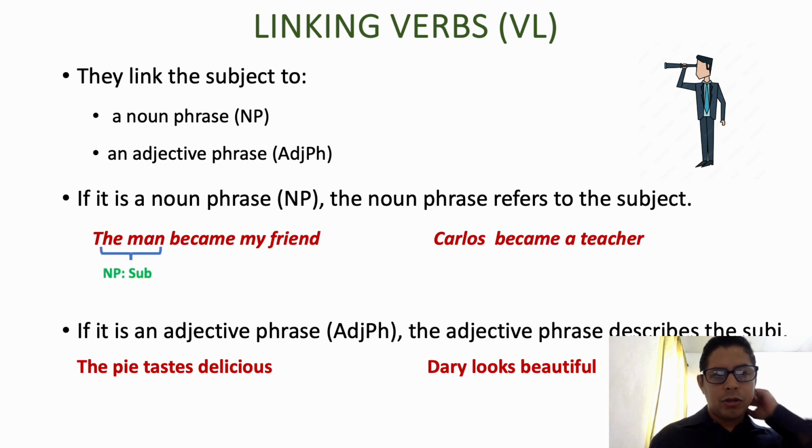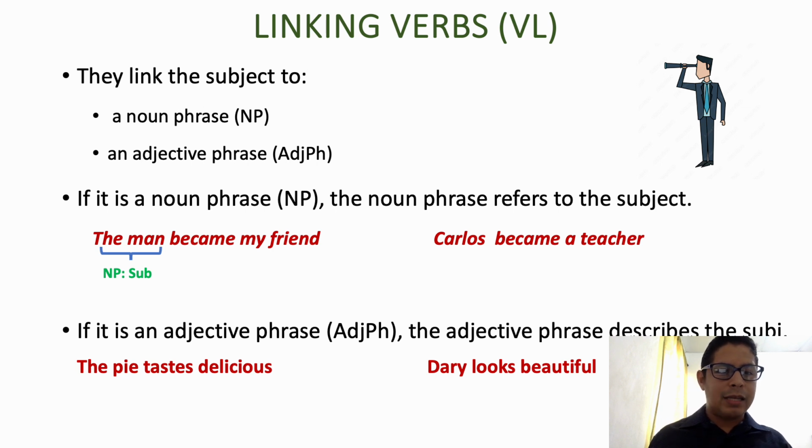So if you pay attention, we have the noun phrase. It's important to know that the concept noun phrase will be represented by the letters NP. And the adjective phrase will be represented by AP. The noun phrase refers to the subject.